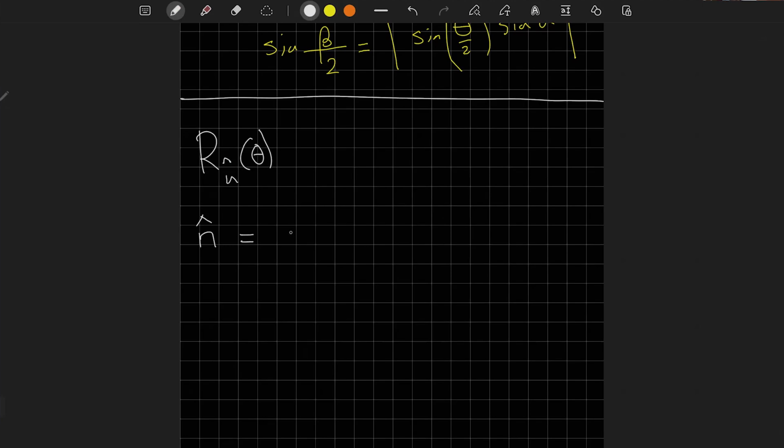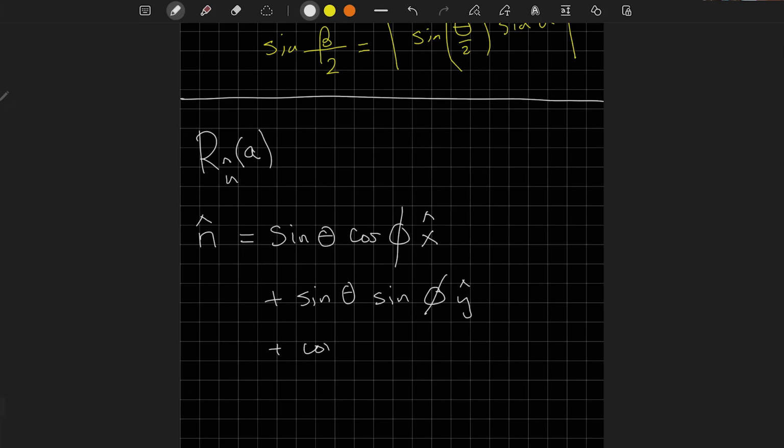Let's call this amount of rotation; instead of writing theta, let's write it as A. Amount of rotation, A. Now n is sine of theta cosine of phi along the x-axis, plus sine of theta sine of phi along the y-axis, plus cosine of theta along the z-axis. This is my axis of rotation.